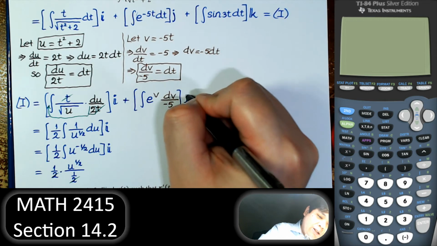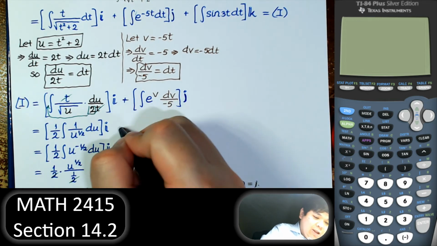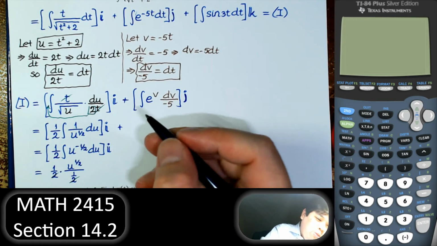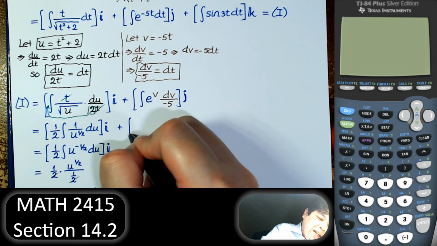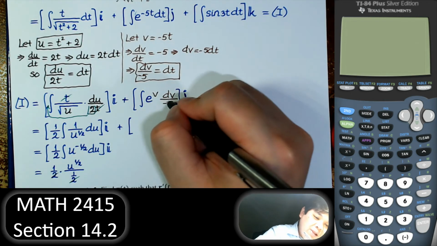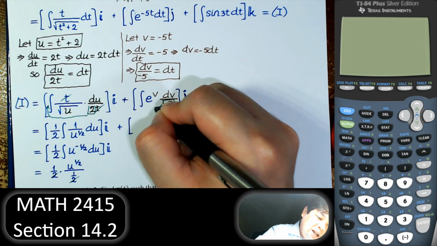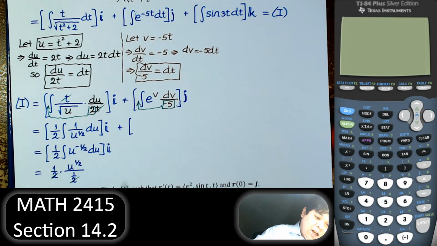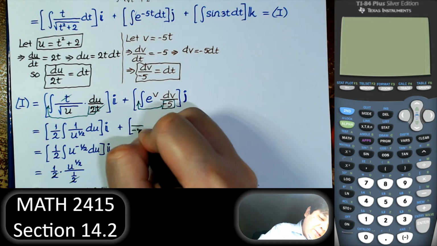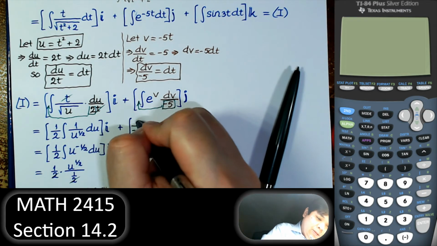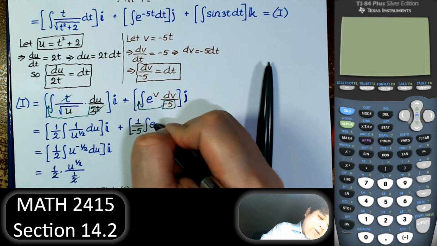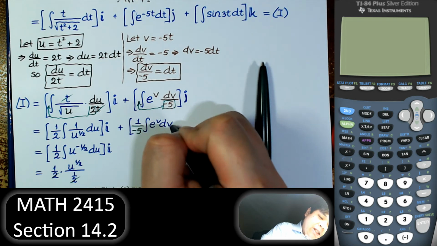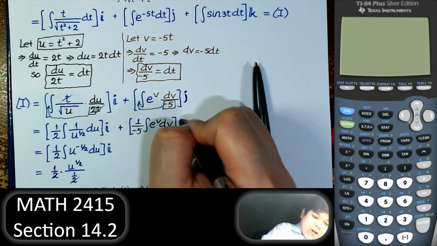For j, I said this is a good review for calculus. -5 here, take it on the outside. Stay at the bottom. Just e to the v, dv, j component.